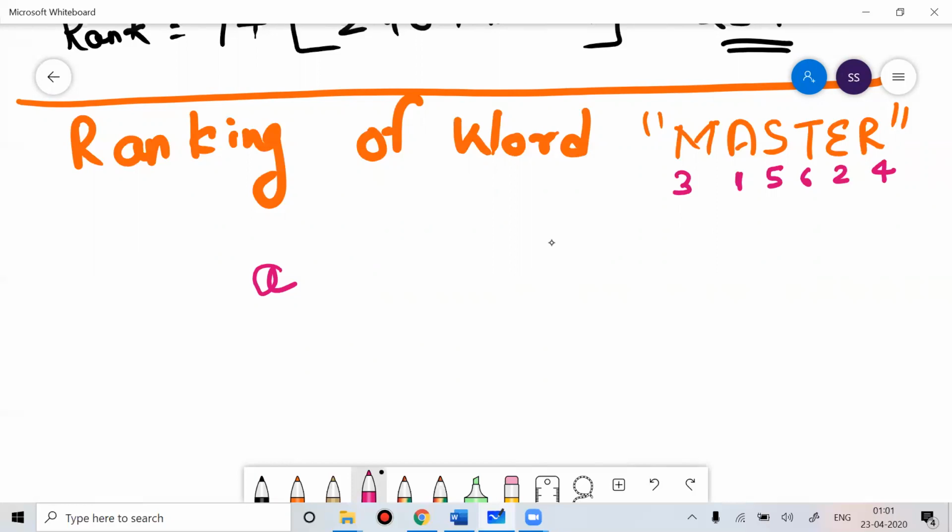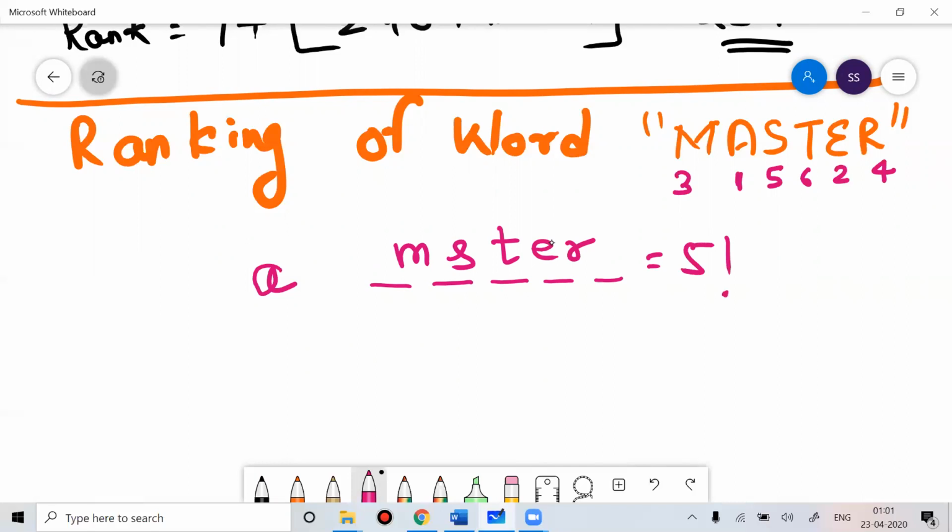I just need to count those words. With A, this is a total of 6 letters. So with A, how many words can you make? You can make 120 words. 5 factorial.